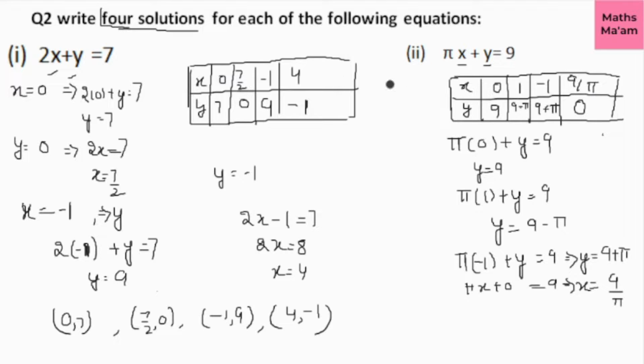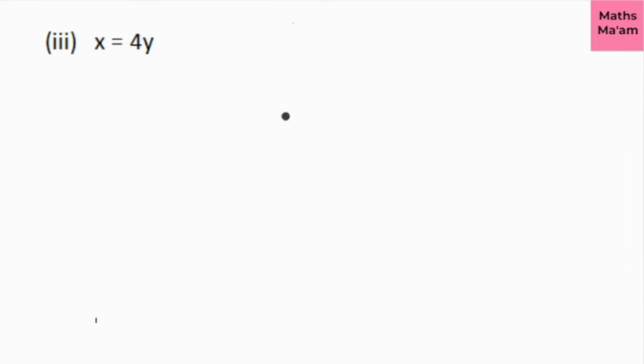So these 4 values of x and y are the solutions: 0, 9, 1, 9 minus pi, minus 1, 9 plus pi, and the fourth one is 9 by pi, 0. You can put any value of x and you can have any value of y. Right, it's not compulsory that you have to put 0, 1 like this. You can put any value.